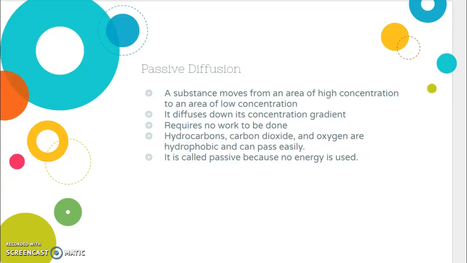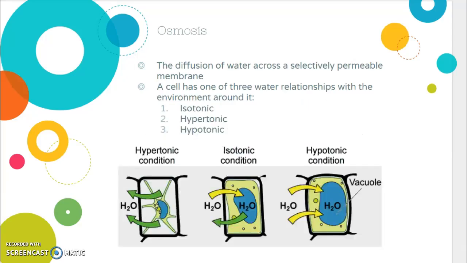It requires no work to be done, so no energy is used, so we do not use ATP here. Some of the things that can move easily are, once again, those hydrophobic substances: hydrocarbons, carbon dioxide, and oxygen. It's called passive because we don't use any energy. Those are some examples of molecules that pass easily through the membrane through passive diffusion.